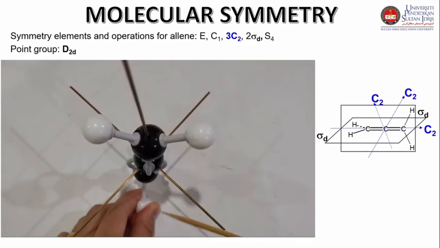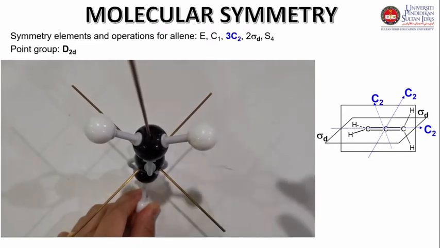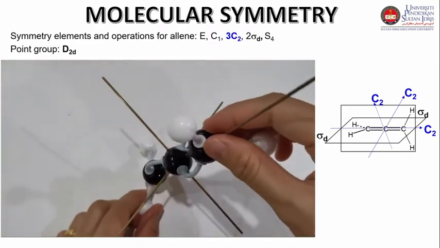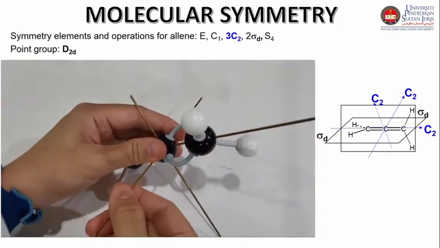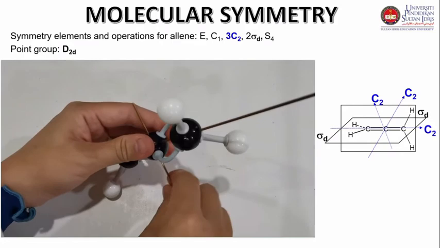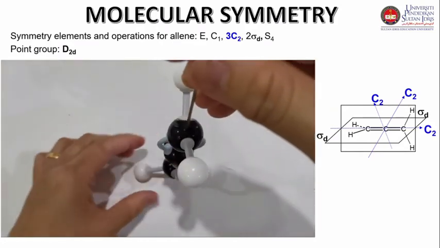So there is existence of a dihedral point group in this molecule, because if a number of C2 axes are perpendicular to the principal axis, then we can say there is a dihedral point group in this molecule. You can clearly observe that because two C2s are perpendicular to the principal axis. This is the principal axis.